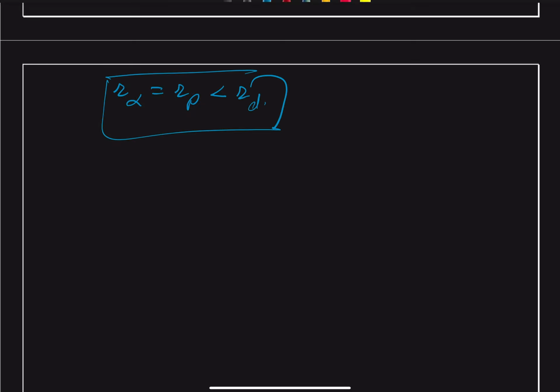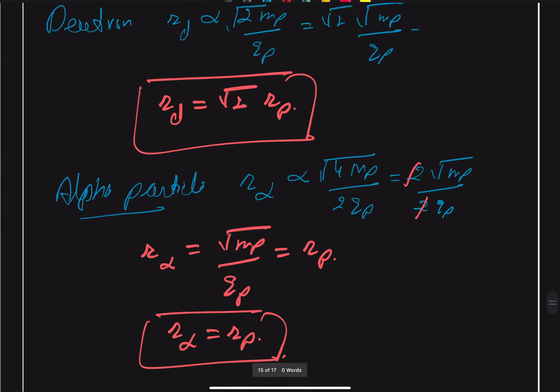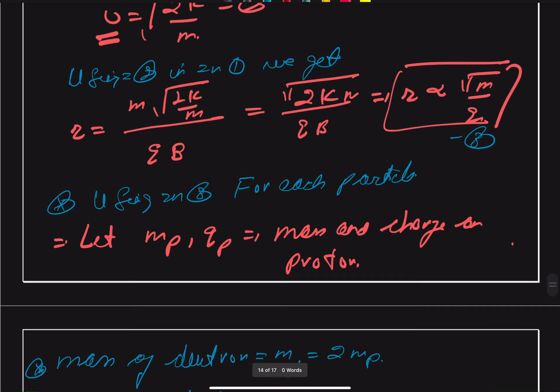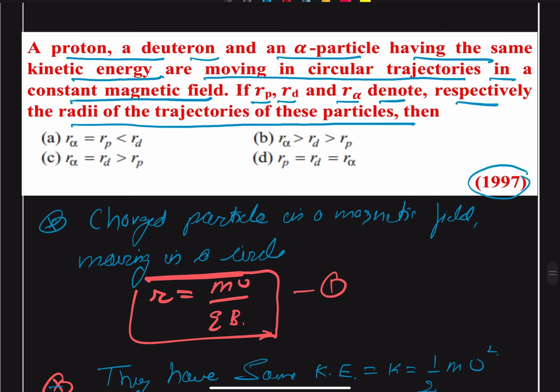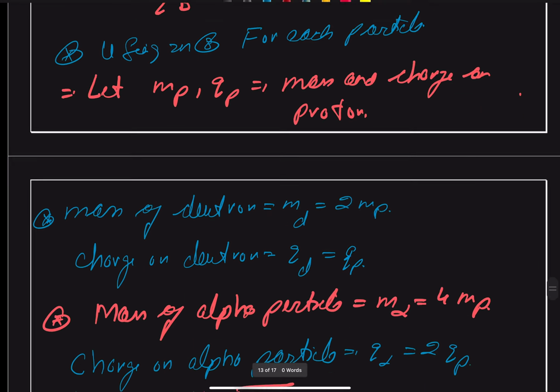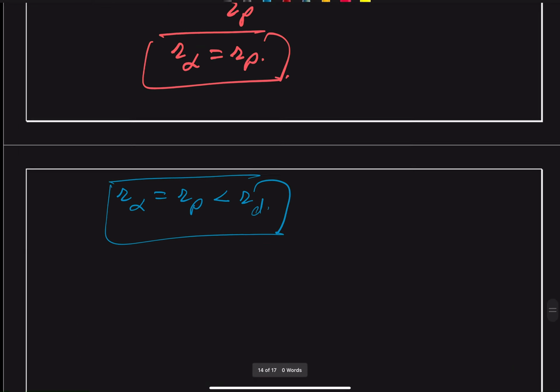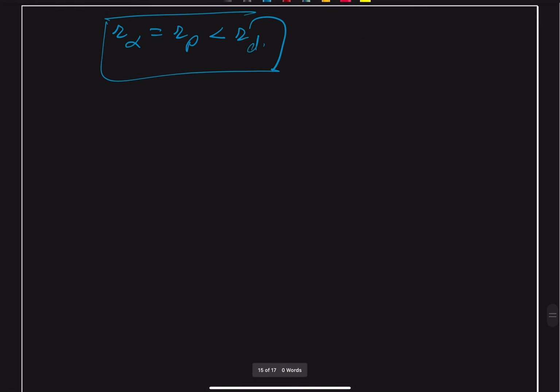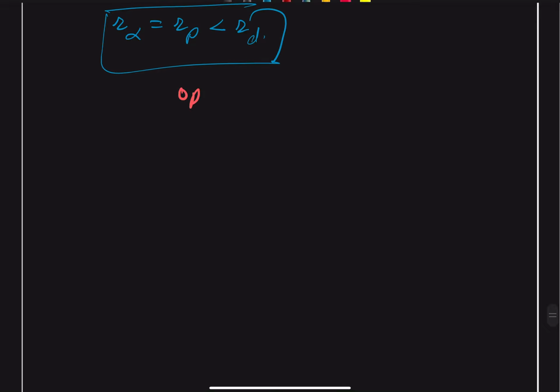So the correct option is: radius of alpha particle is equal to radius of proton. Option A is the correct one.